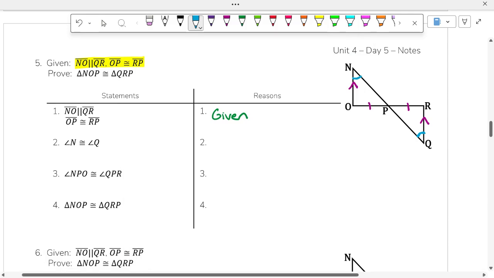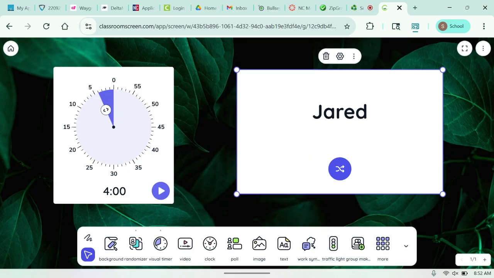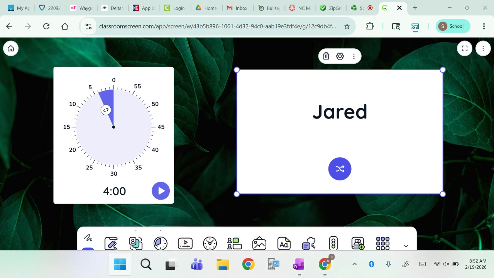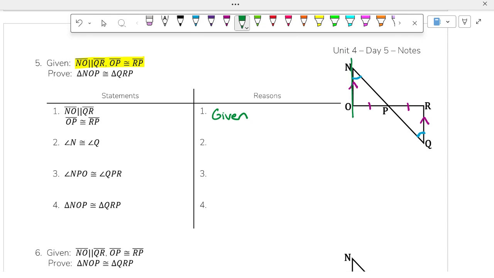What did you get as your reason, Jared? Right. If we extended these parallel lines, and for some of you I physically turned your paper, sometimes even just changing the orientation helps you figure it out.